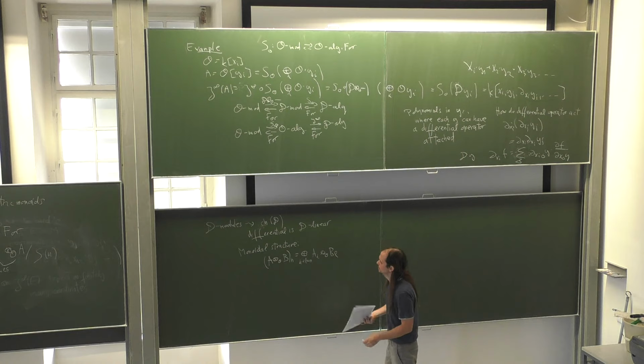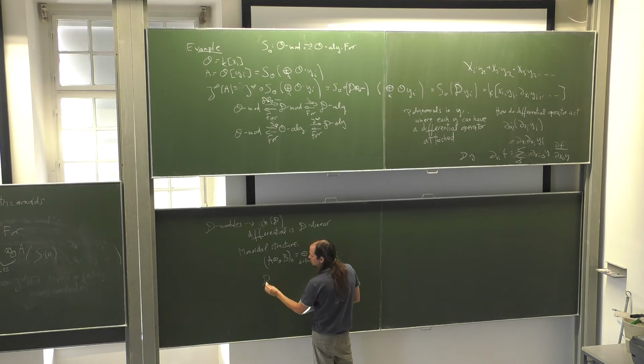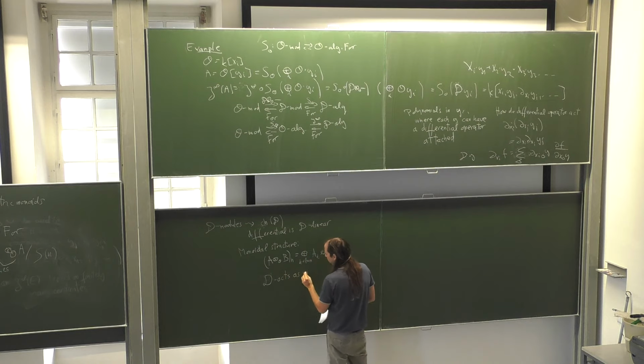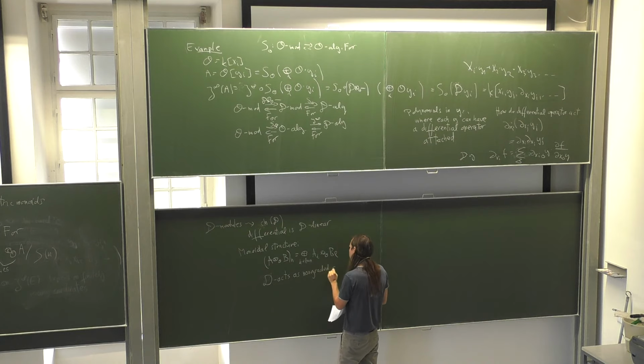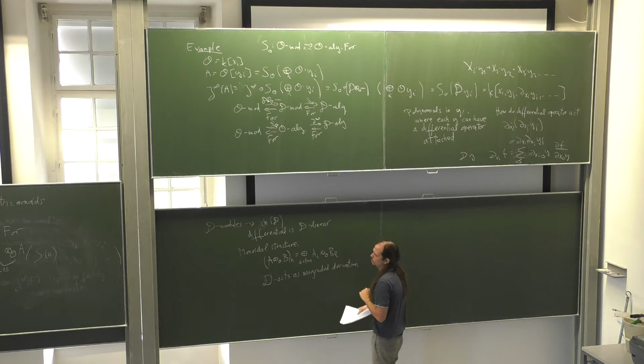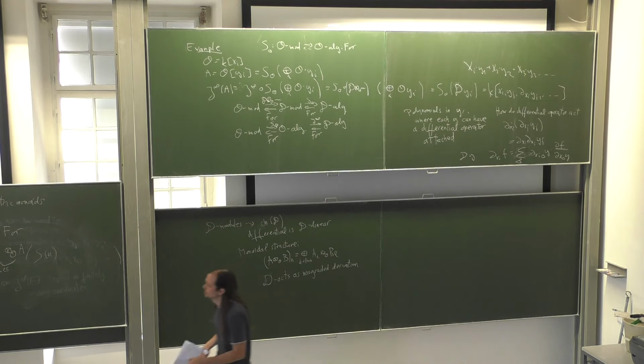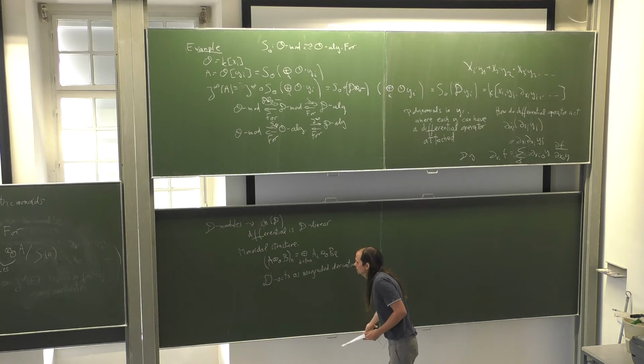And now D acts as a non-graded derivation, or even derivation. So I have this action from before, and everything new that I'm saying is that you don't have any signs, which is kind of logical because D is even, it's in degree 0.